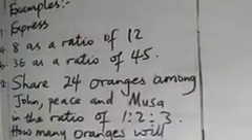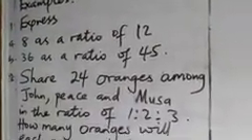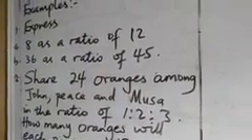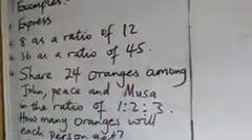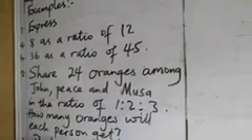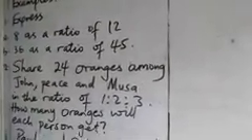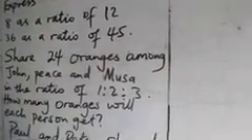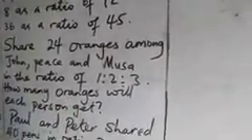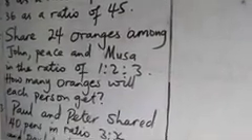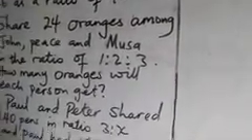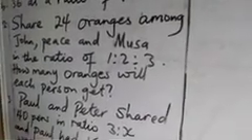These are likely questions under ratio. Now we are comparing ratio here. That is, express 8 as a ratio of 12, 36 as a ratio of 45. In number 2, we are sharing ratio. Share 24 oranges among John, Peace and Musa in the ratio of 1:2:3.